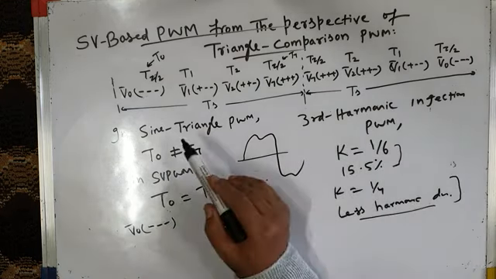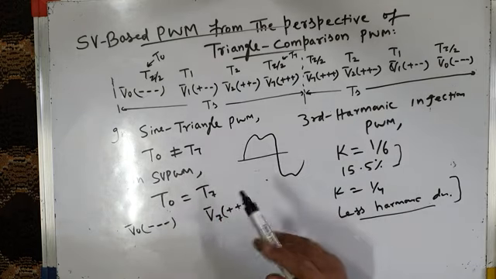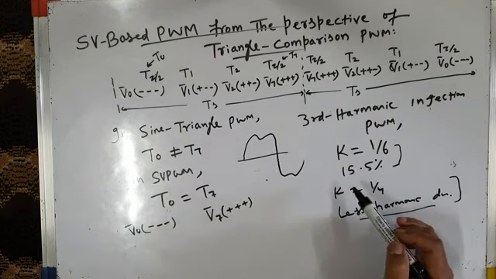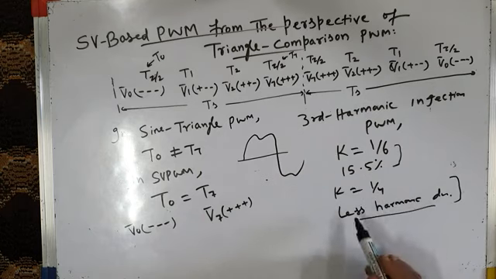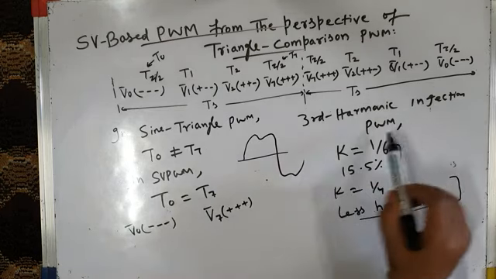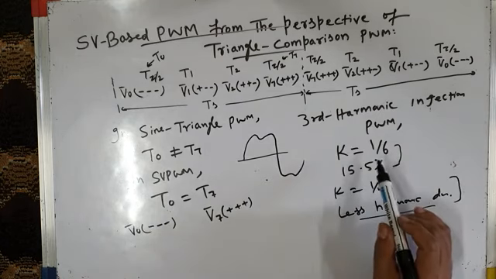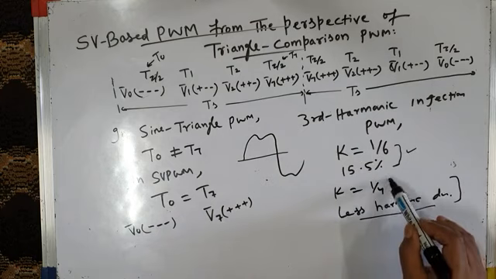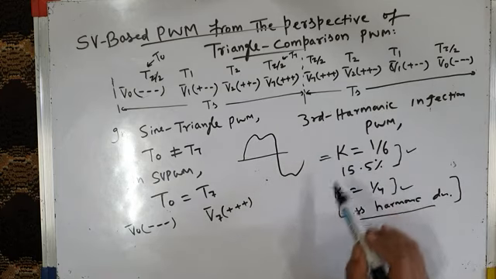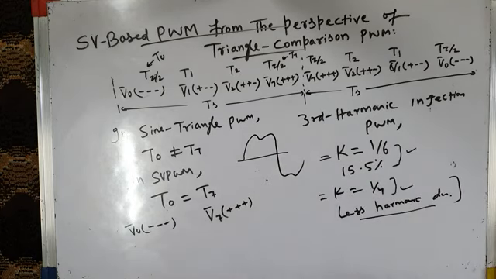That means the space vector PWM technique produces 15.5% higher inverter output voltage and simultaneously less harmonic distortion, which was not possible with the third harmonic injection PWM technique. In third harmonic injection PWM, only one objective could be fulfilled at a time, either for K equal to 1 by 6 or for K equal to 1 by 4.